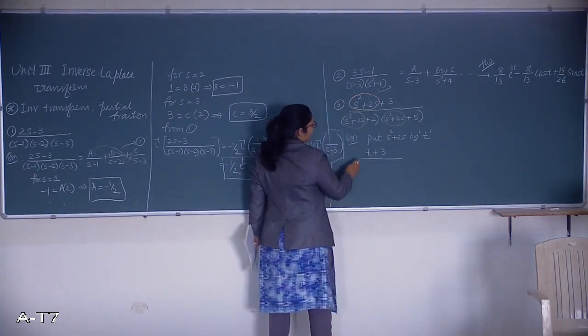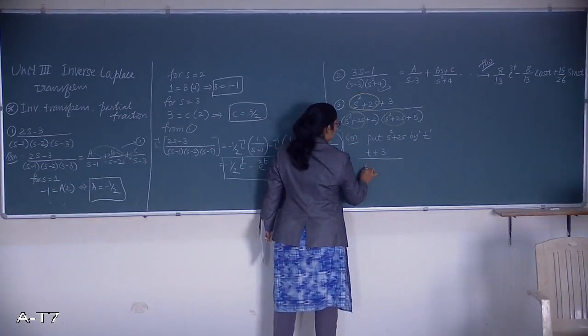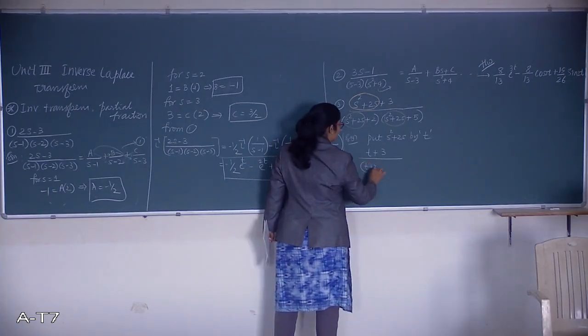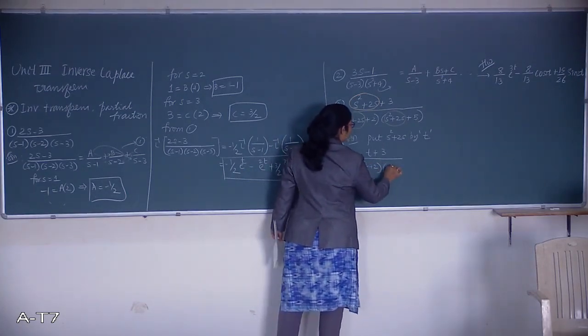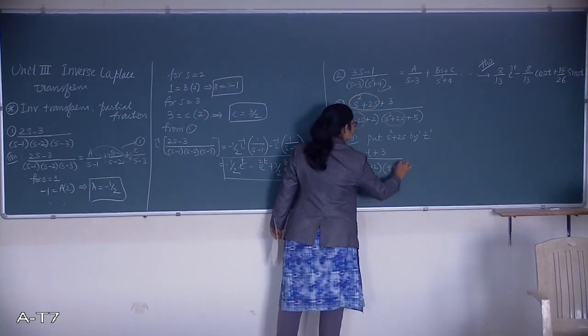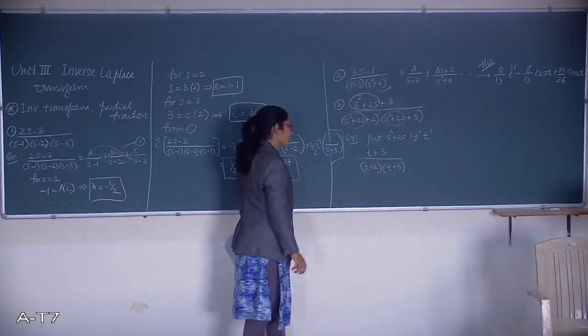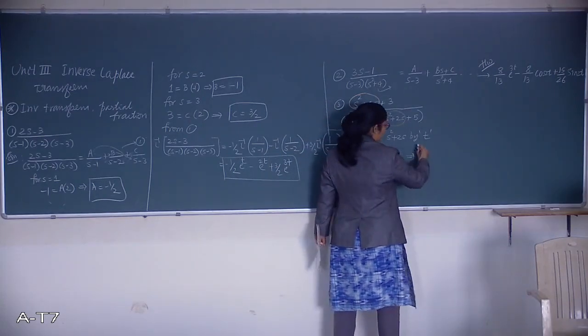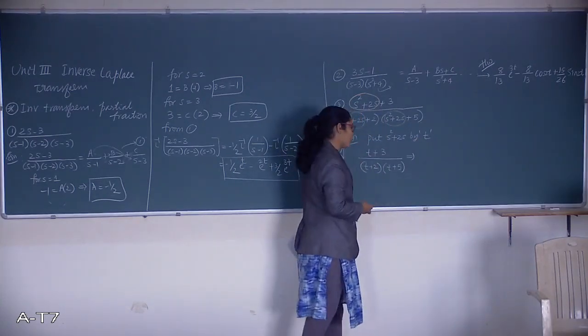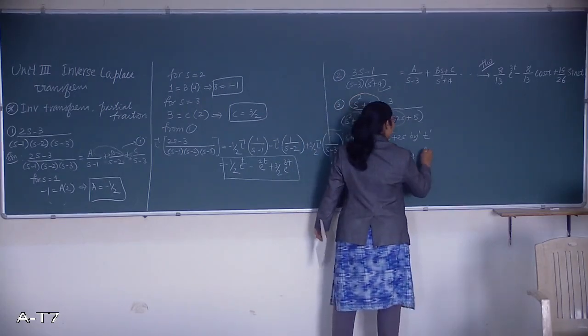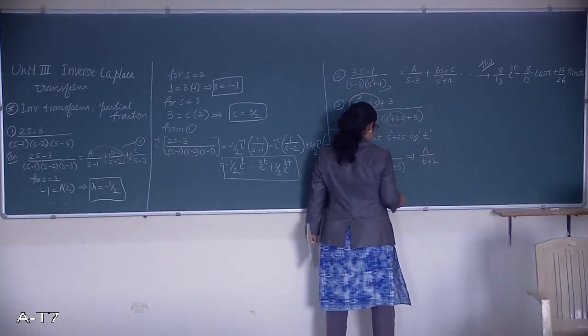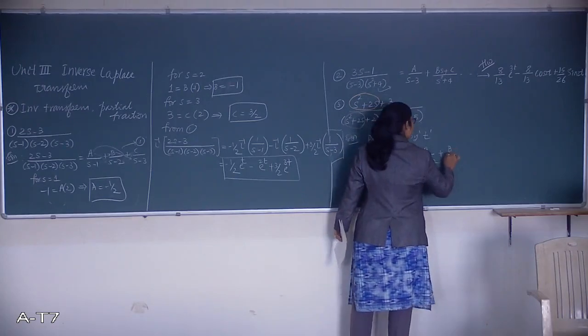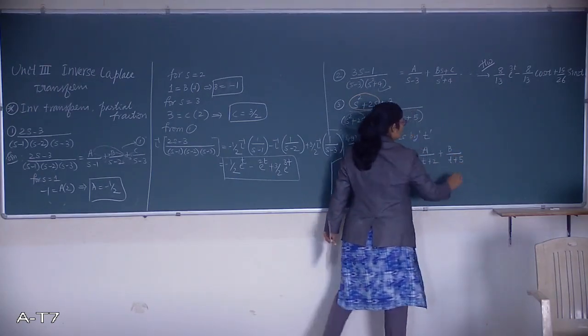I can say that it is t plus 3 here, this will be t plus 2, and the second one will be t plus 5. So when you write it in the form of partial fractions, it will be a upon t plus 2 plus b upon t plus 5.